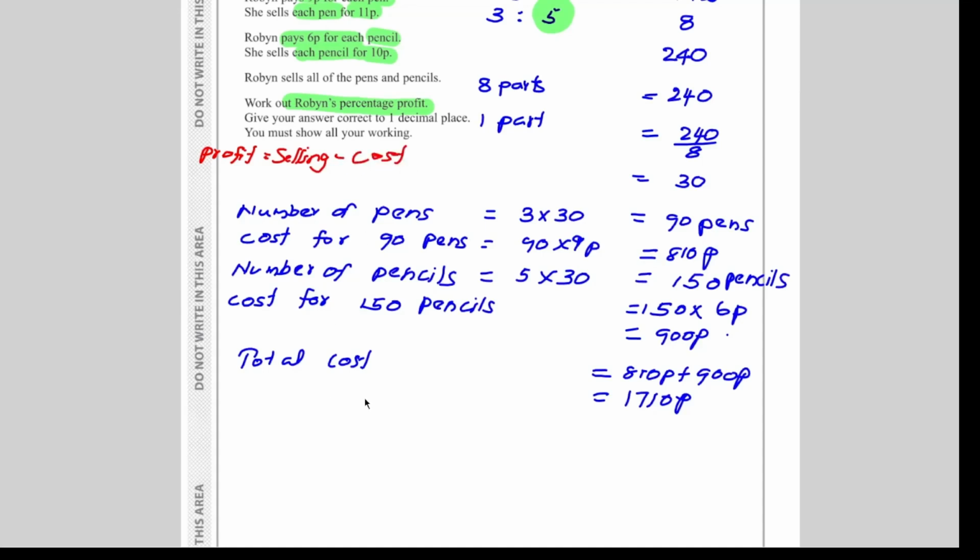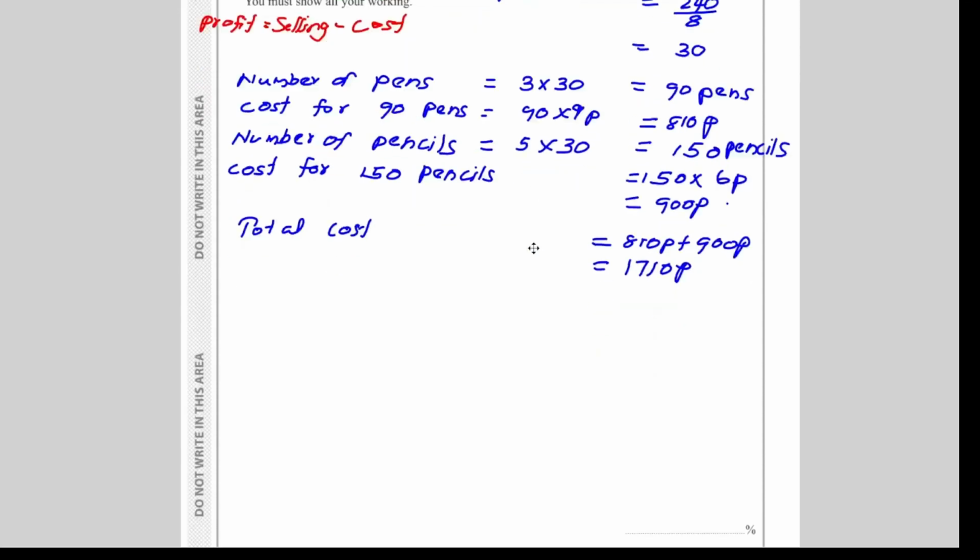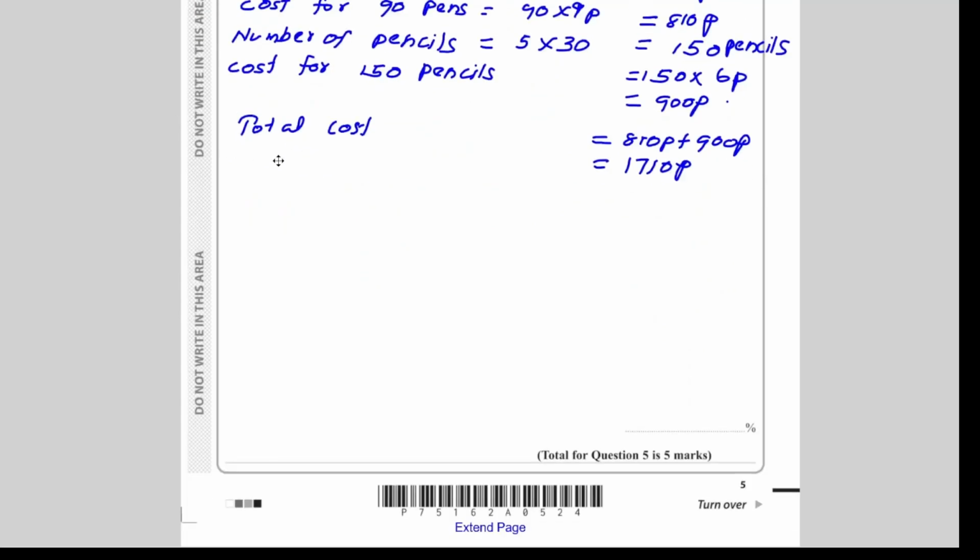Now we got what the cost is. Now you need to get the selling price. To get the selling price, you need to get the total earnings from all the pencils and pens. So let's get all the earnings from pencils and pens.